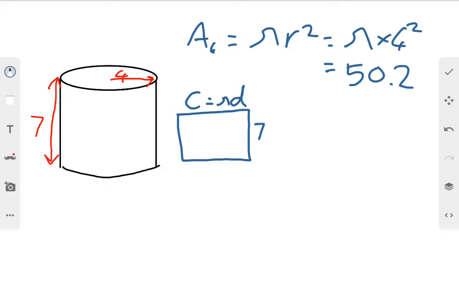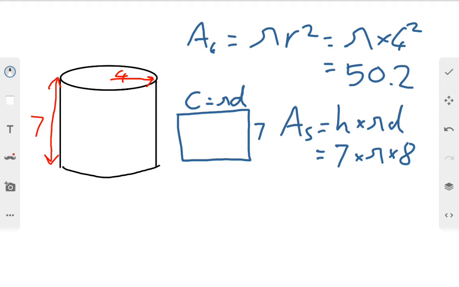So to find out the area of this face, the area of the side is going to be the height times pi d. And in this particular question, that would be 7 times pi times 8. Using a calculator again, that's going to give us a value of 175.8.